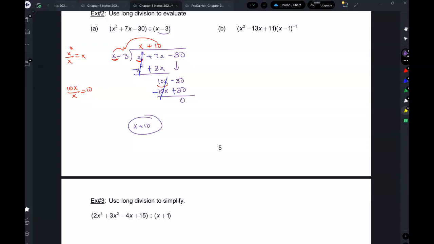Okay. So this is written in a different form, but this means the same thing. So we're going to take the x minus 1, put it over here, and we're going to get x squared minus 13x plus 11. Okay, same thing. This over that. Always go on your scratch paper. What about the exponent?